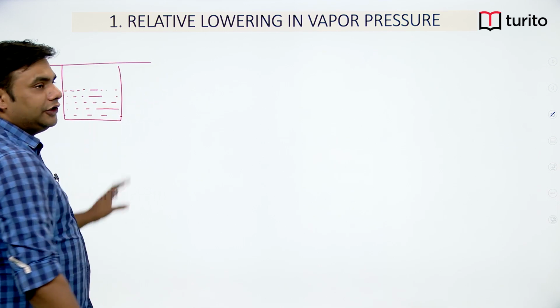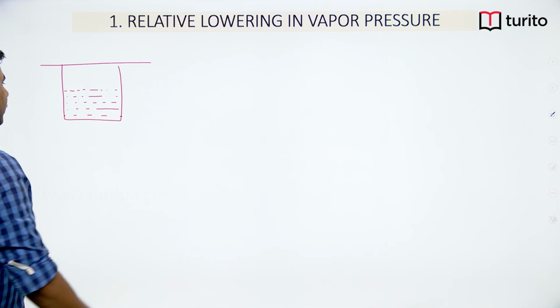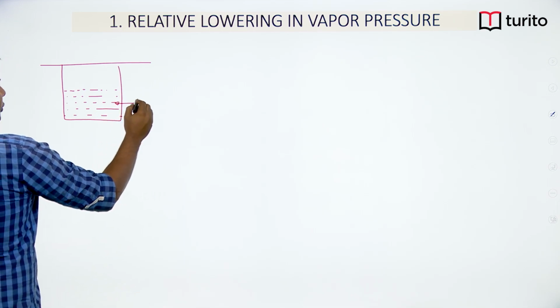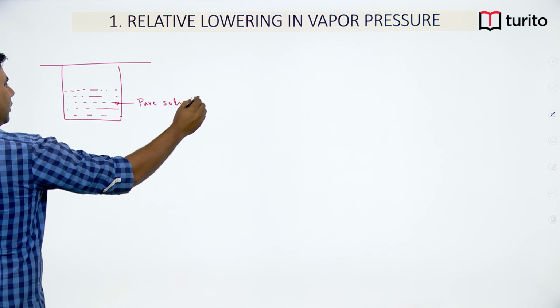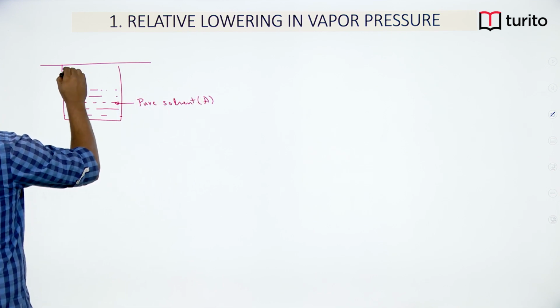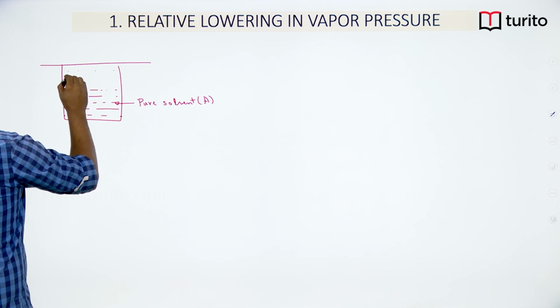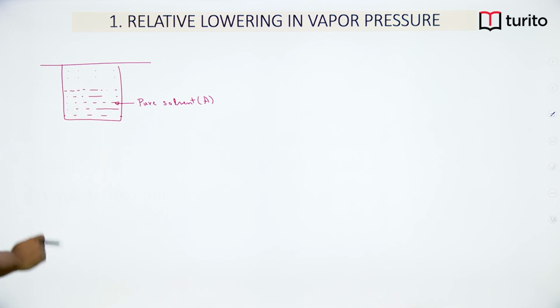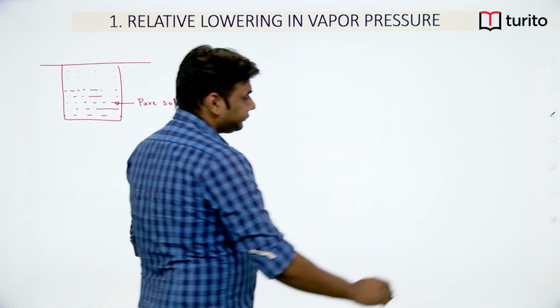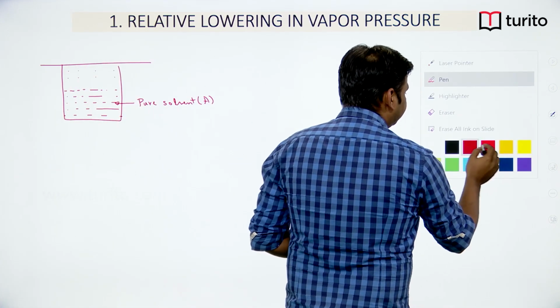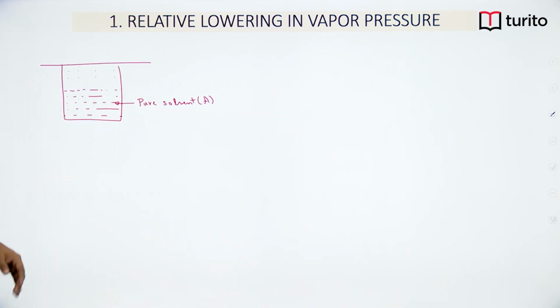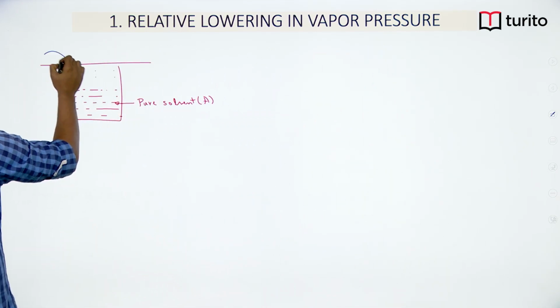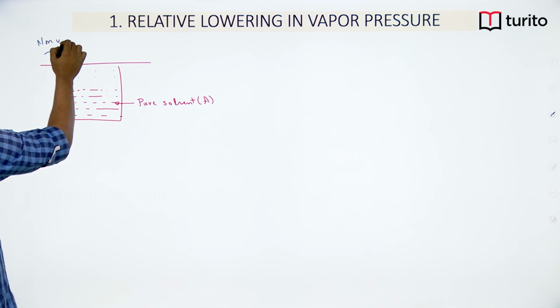The initial vapor that would be formed would be rich in the pure solvent A. Let us assume that these are the vapors of the solvent A. Now suppose to this we add a non-volatile solute. So we are adding some non-volatile solute.